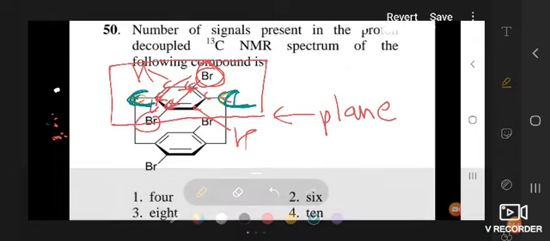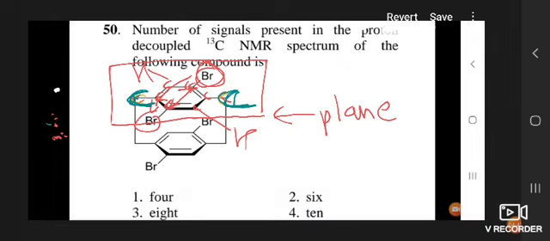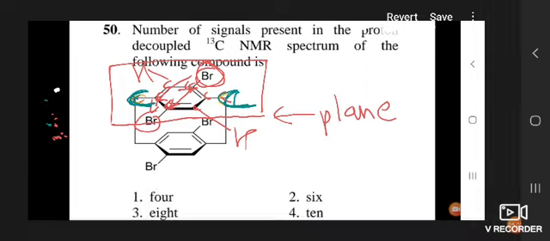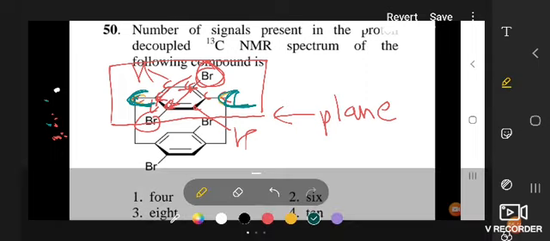So here, how many sets? There are 3 sets of the 6 aromatic carbons. The two aromatic carbons which bear the bromine atoms are the same, that means they form the same group, or we can say the same set.